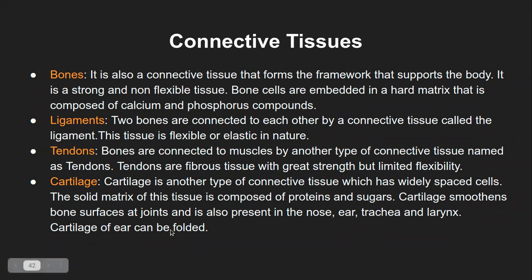And the important characteristic of cartilages, not only of the ear but in general, is that they can be folded, as in you can twist them like a flip flap. So the cartilages are hard yet a little flexible. So that is the cartilage as another example of connective tissue.